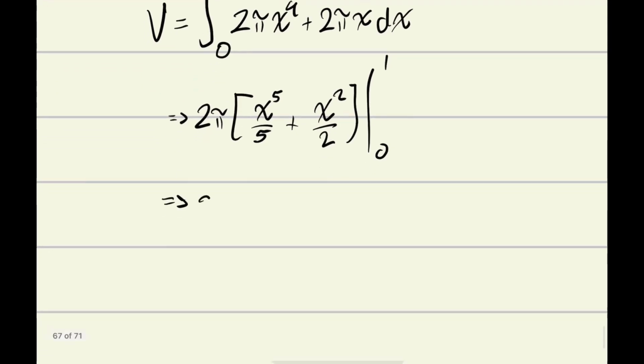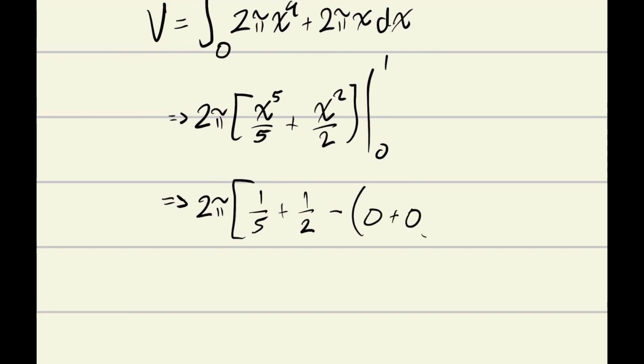Solving this, we have 2 pi times 1 to the fifth is 1 over 5, plus 1 squared is 1 over 2, minus 0 plus 0.